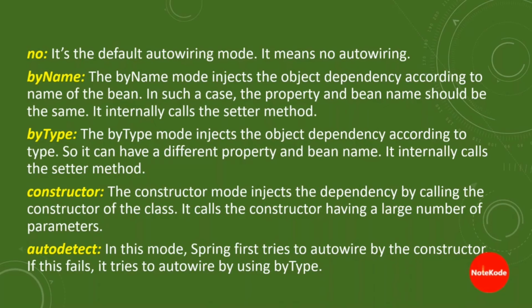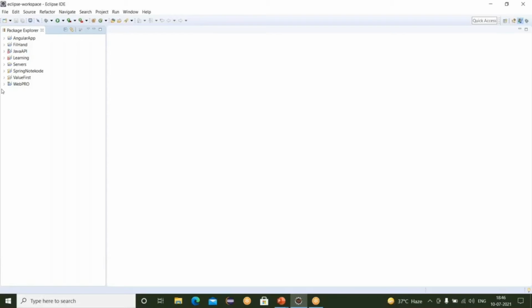Let's try to understand how auto-wiring is applied in our Java code. Here is our Spring NodeCode project. Some project we already created here. Previously, we have discussed setter injection and constructor injection.